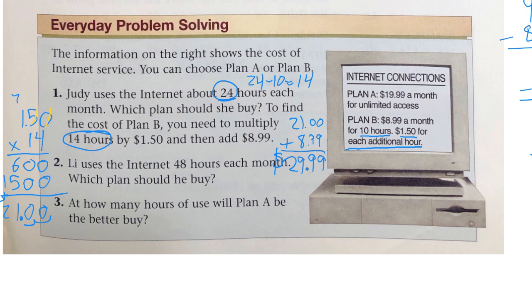Lee uses the internet 48 hours each month. Which plan should he buy? So you could do Plan B, take 10 hours away because it's built into the $8.99. And then you'd have 38 hours times 1.50.